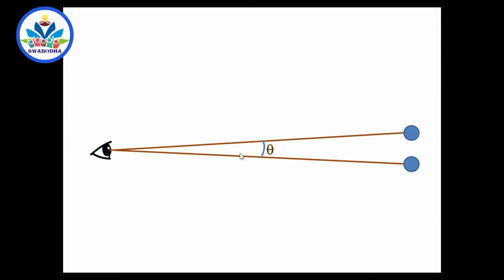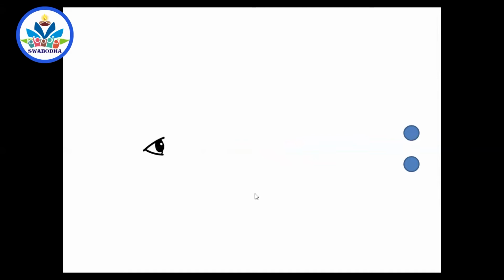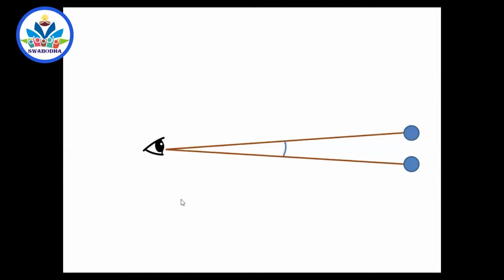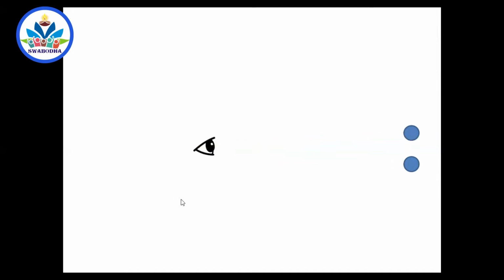Sir, why don't we see leaves and branches of trees when we are far away from the hill? Why do we see them only when we go very close to the hill? Very simple. Suppose these are the leaves and branches, they create more and more angle as you move closer. As you move forward, the angle will be more and more, and still more as you go closer to them.